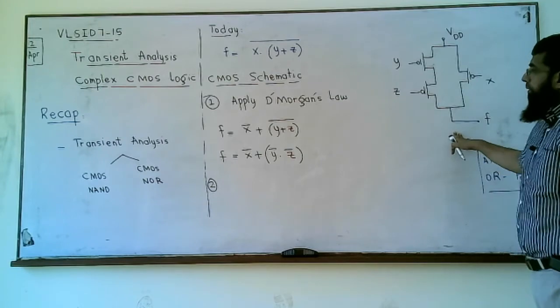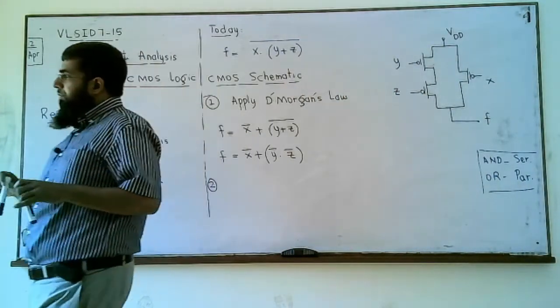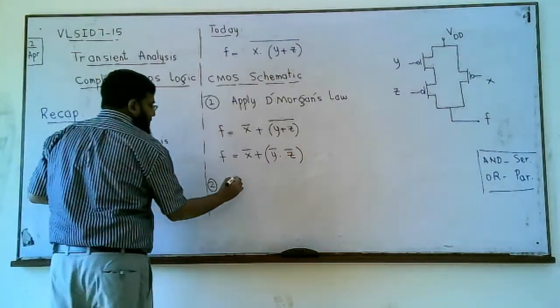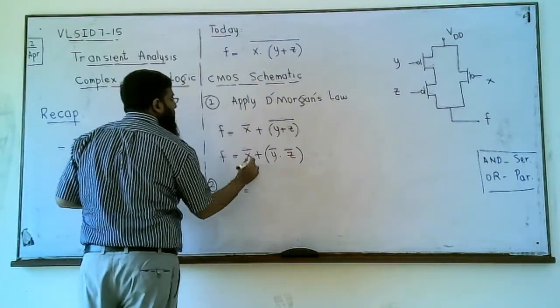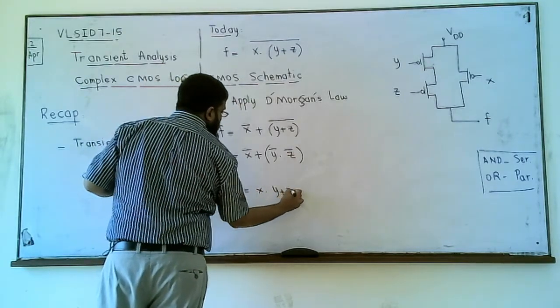So this is the equivalent PMOS array, and we also studied that to implement the NMOS array, we just have to invert the original expression. This is x dot y or z.